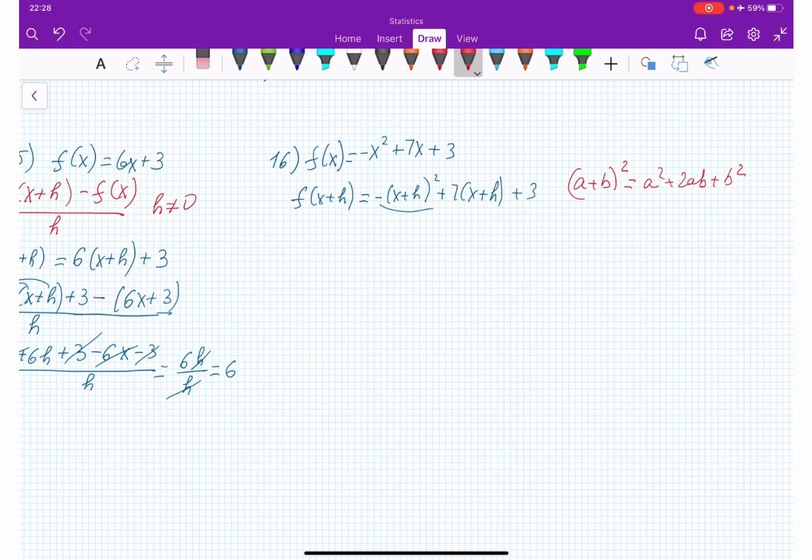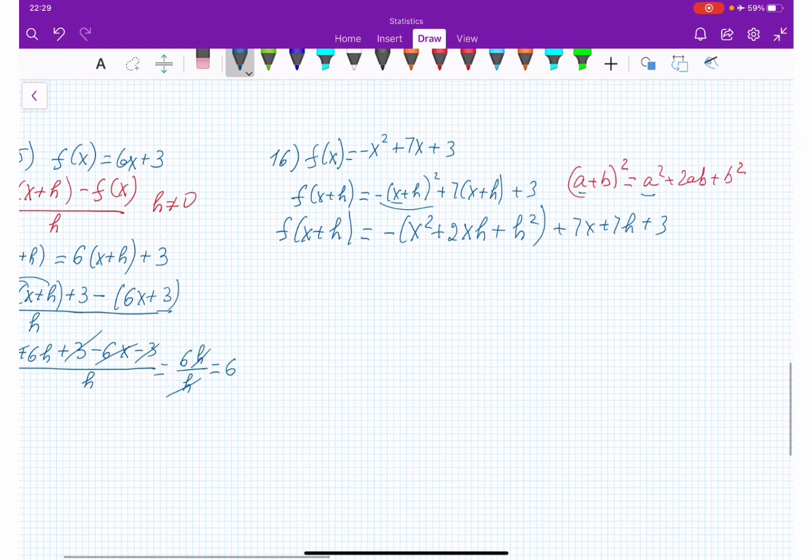So f of x plus h is equal to negative. So I'm going to get x squared. Instead of a, I have x, right? So it's going to be x squared plus 2 times ab. My a is x and b is h. It's going to be 2xh and plus b squared, which is going to be h squared. And continuing writing down 7x plus 7h and plus 3.